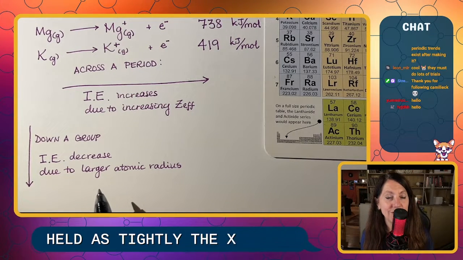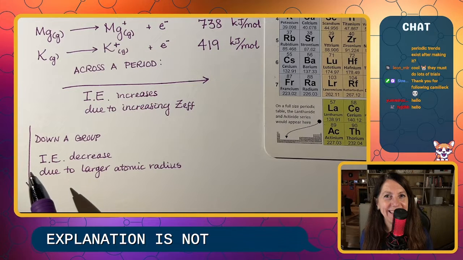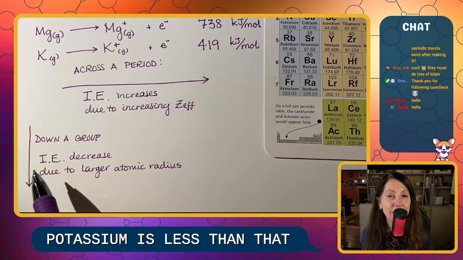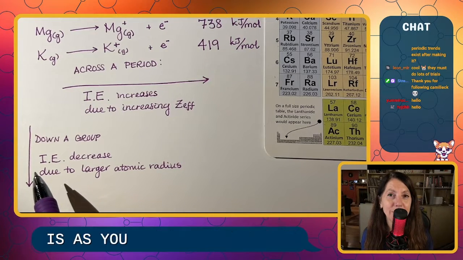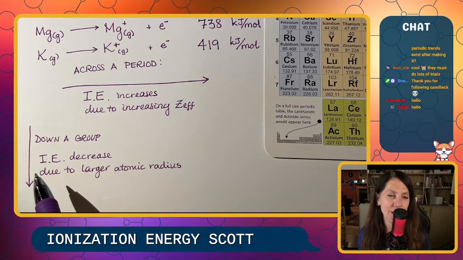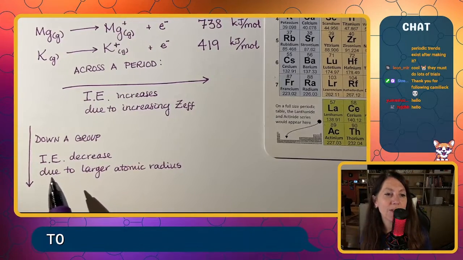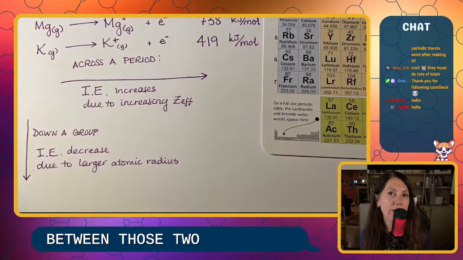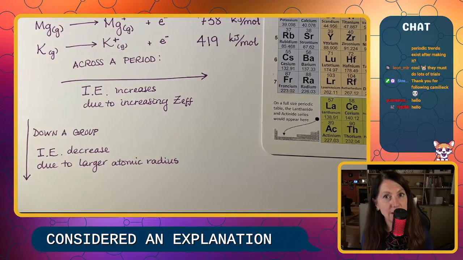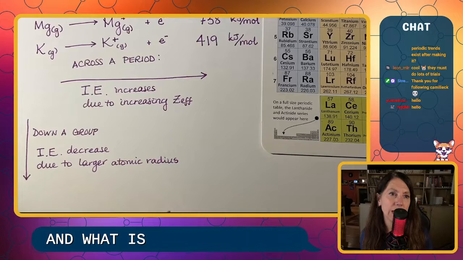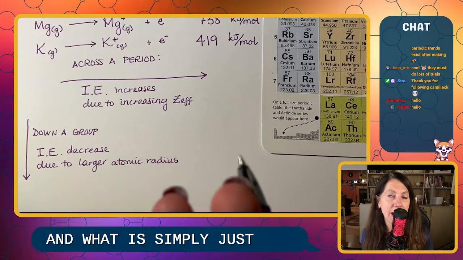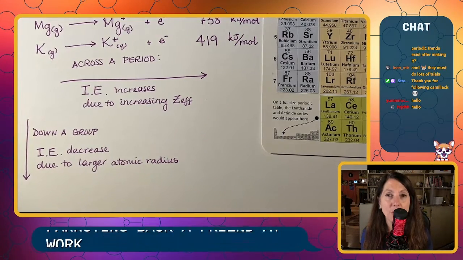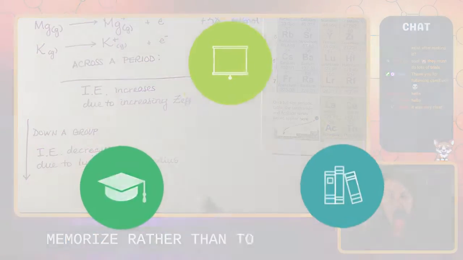The explanation is not the ionization energy of potassium is less than that of sodium because the trend is as you go down a group, ionization energies go down. No. Okay, so hopefully I made it clear the difference between those two. What is considered an explanation and what is simply just parroting back a trend, or something you can memorize rather than truly understand.